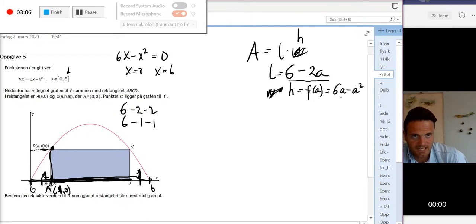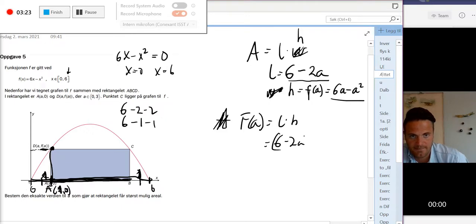So here we have the length, and here we have the height. So we have a function here, we can call it A of a, or big F maybe. It's length times height. The length is 6 minus 2a, and the height is 6a minus a squared.